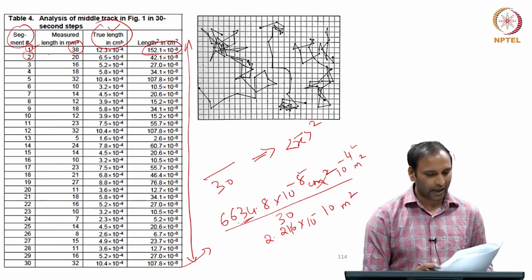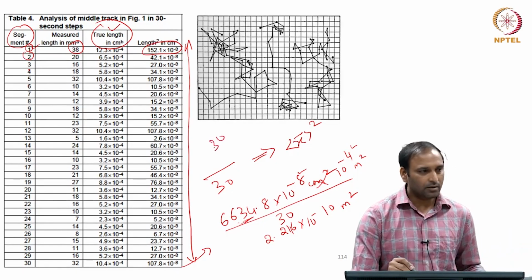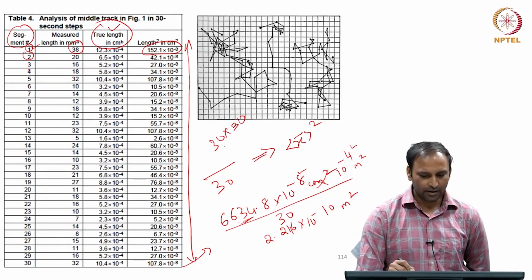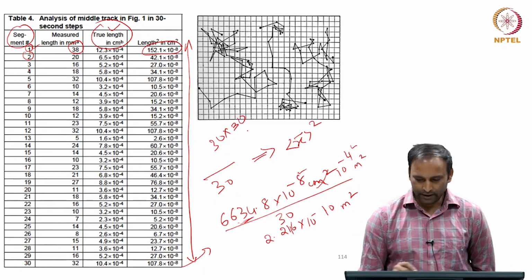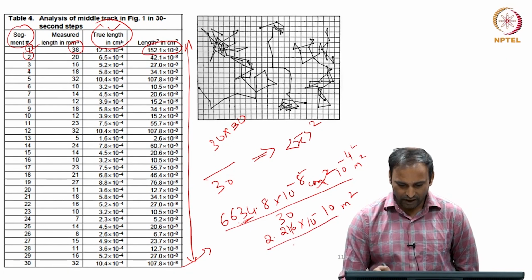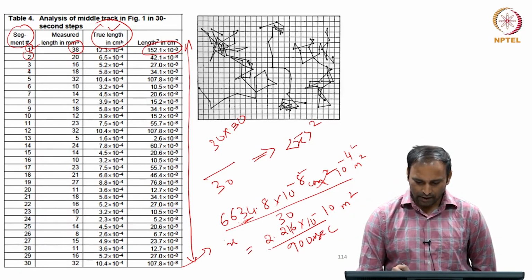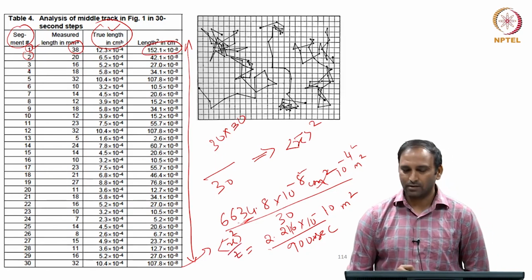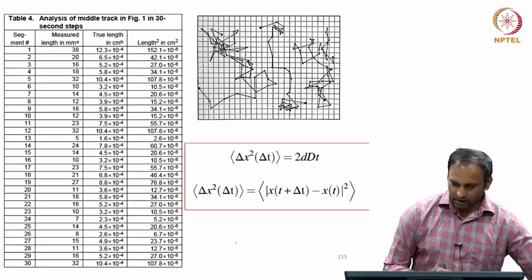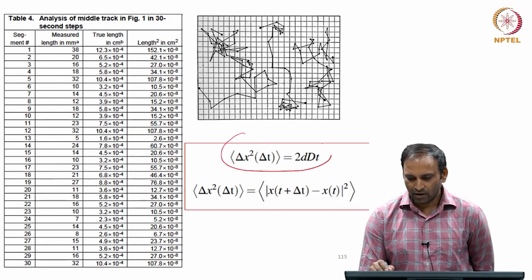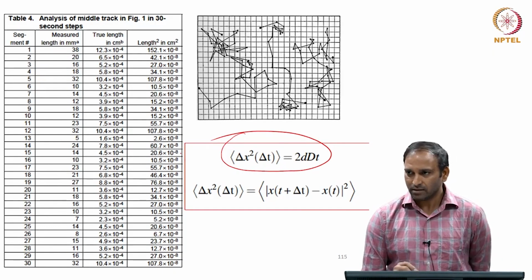I have 30 segments multiplied by 30, that is going to be 900 seconds. Therefore, that is going to be my x bar square divided by t.